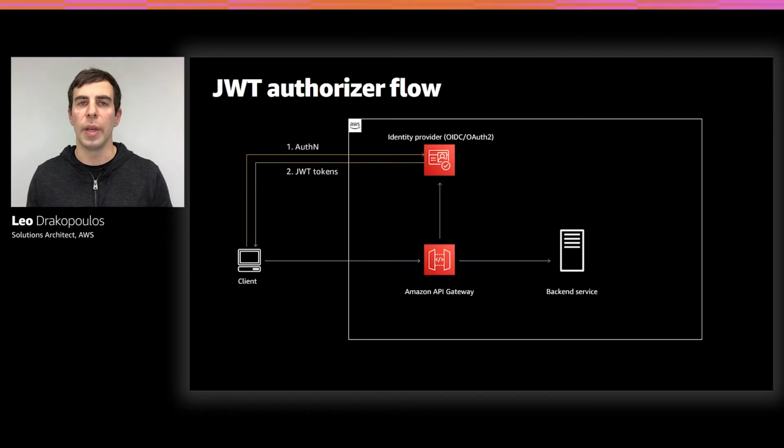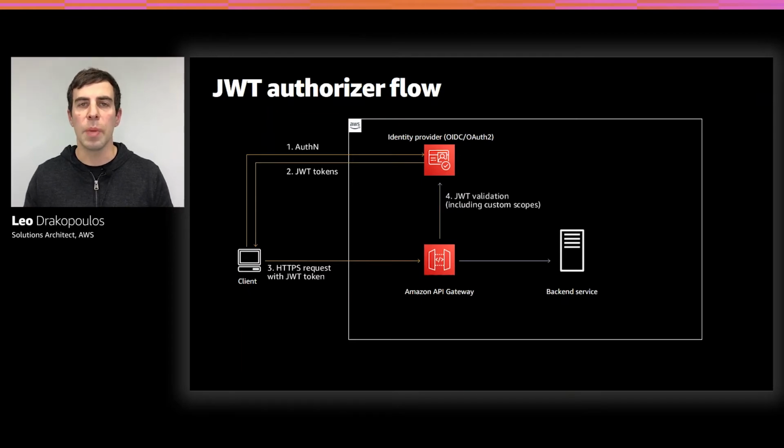Next, the client will make an HTTPS request with those JWT tokens to Amazon API Gateway. And normally, this request will include those tokens in the authorization header. What will happen next is API Gateway will validate those tokens.